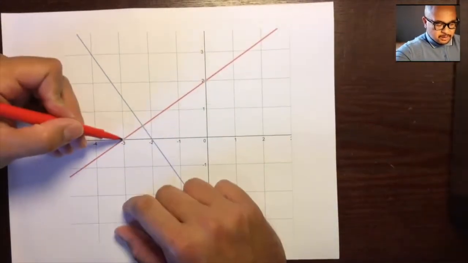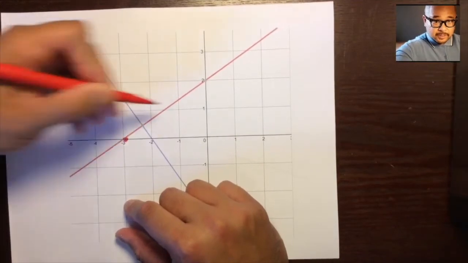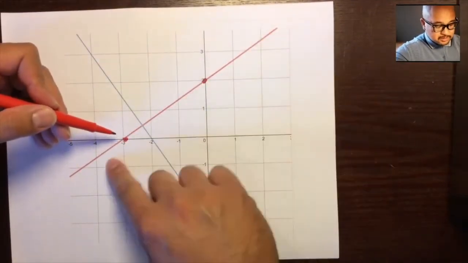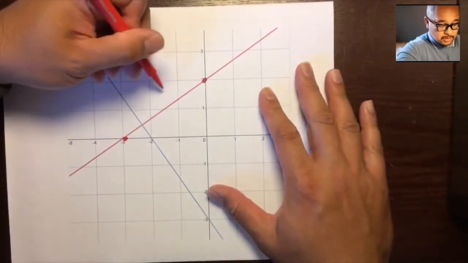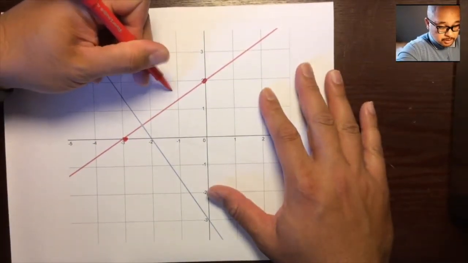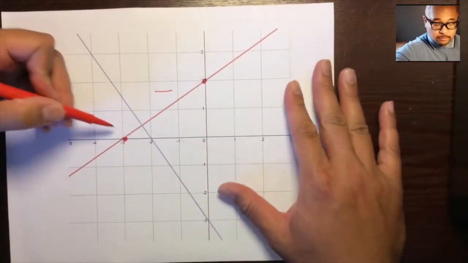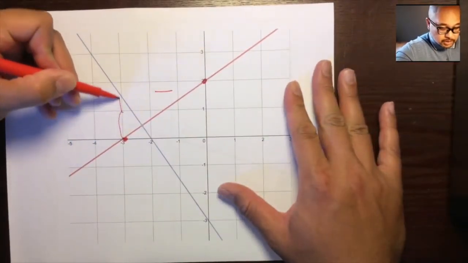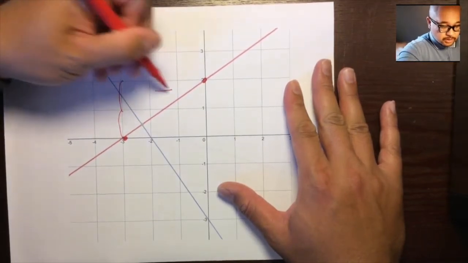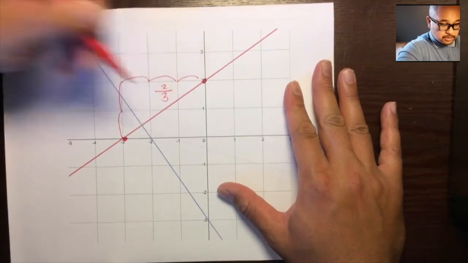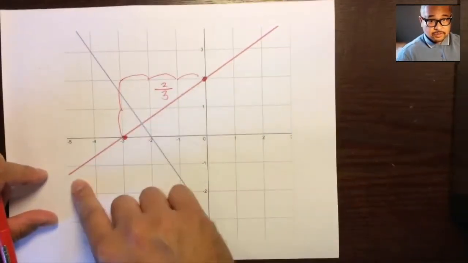So let's start off with this red line and see if you guys got the slopes correctly. I'm going to start off with this point right here and to this point right here. It looks like this line is positive because it's going uphill. So I'm going to draw the line for my fraction, and it goes uphill. So the rise over run. So it's going to rise 1, 2, and then run 1, 2, 3. So the slope for this is 2/3.